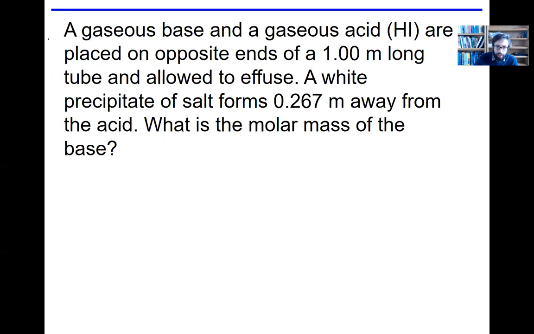So let's draw out what this experiment really means. What it means is we have a tube, and we kind of have a plug, maybe like a cotton plug or something, on each end of the tube, and there's a little hole poked in it, but that cotton plug contains the acid and the base. So we're given that this whole tube is 1.00 meters, so I'm just going to write 1 meter.